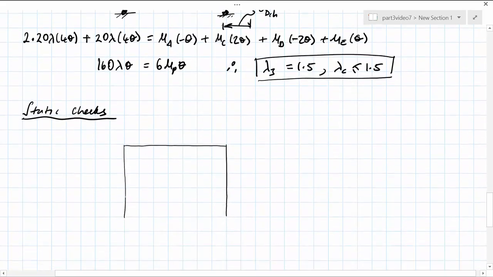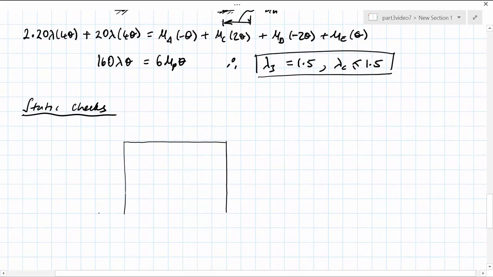If we now perform static checks, we realize that the bending moment at B with this lowest collapse mechanism, with lambda c being equal to 1.5, is unknown, but elsewhere the bending moment is known. And this comes from the values obtained from collapse mechanism 3, the combined collapse mechanism.